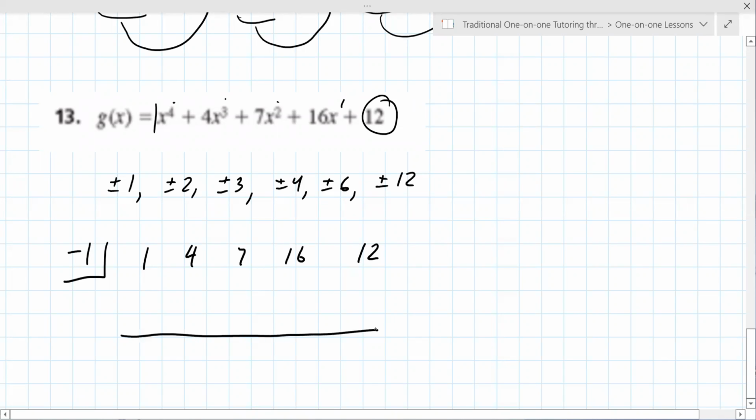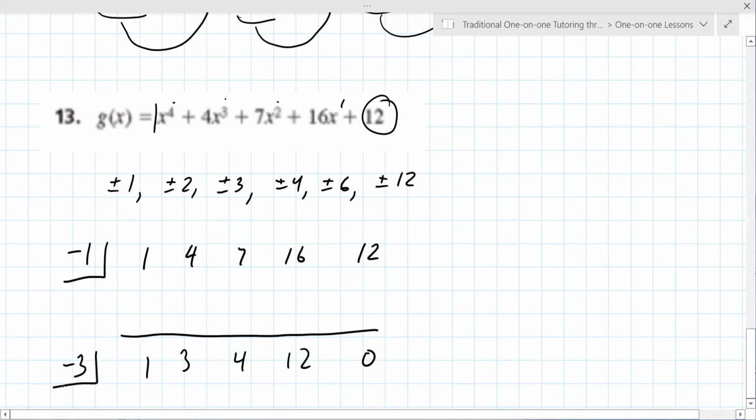Go ahead and try this and let me know what you come up with for your last row. Okay, I got 1, 3, 4, 12, and then 0. Okay, perfect. And then we're going to try -3 now.